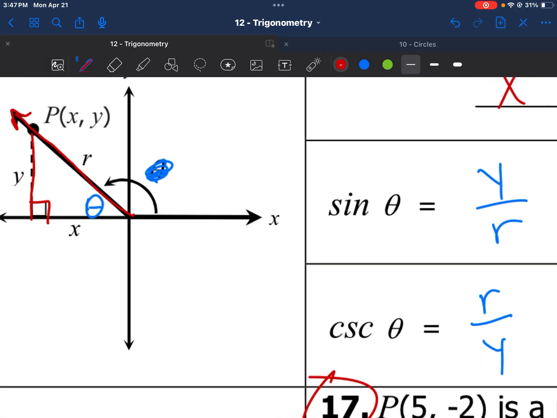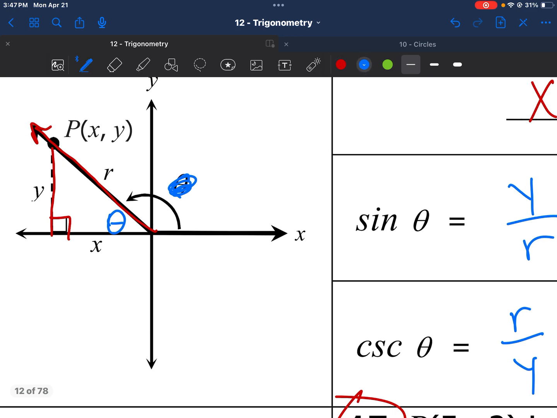So if you were to take a point P with coordinates x, comma, y, and this point P is going to exist on the terminal side of your angle, so how they have it drawn here, well, then from the terminal side, the x-axis and the y-axis, we're able to create a right triangle with side lengths of x, y, and r.